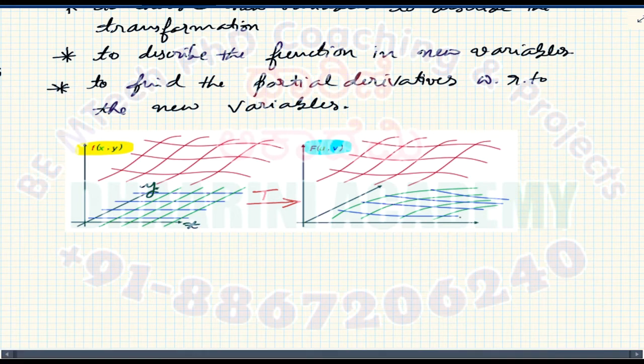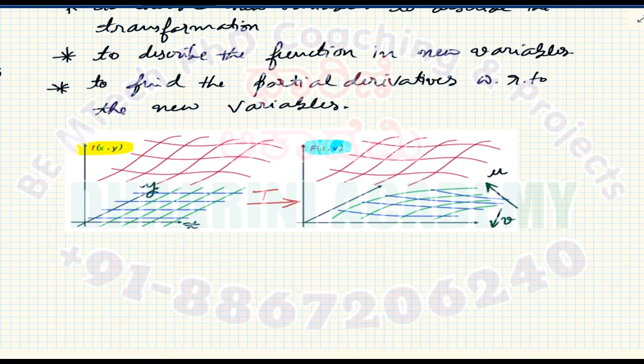For example, maybe when I move in this direction I am changing u, but v could be varying when you move in this direction. So you can see that there is a very clear cut differentiation as to when u changes and when v changes.